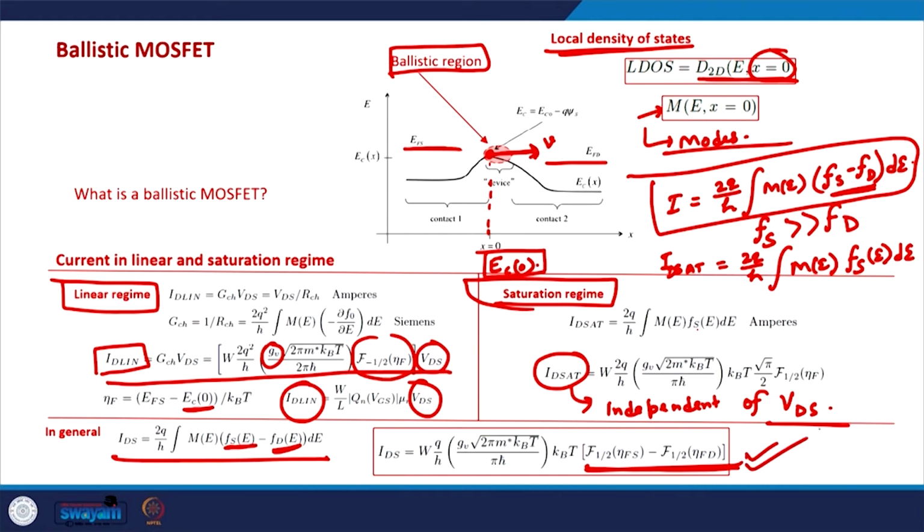Okay, so I hope these mathematical expressions are now making sense. I would again repeat, just to emphasize its importance, that the exact understanding of ballistic MOSFETs or modern MOSFETs is better done when we do the calculations self-consistently, solving the Poisson equation of electrostatics and the semi-classical equation of transport self-consistently.